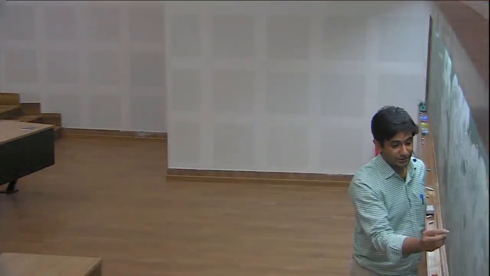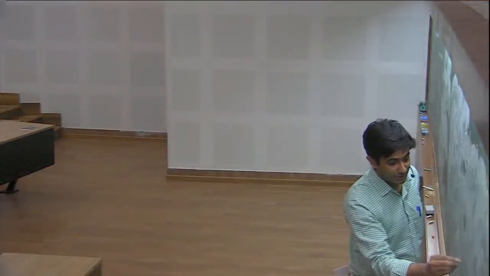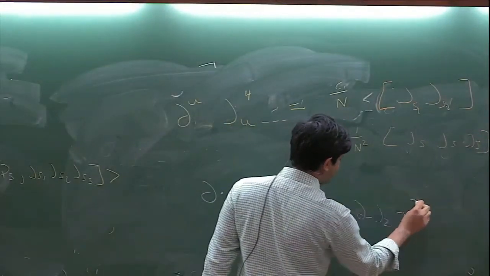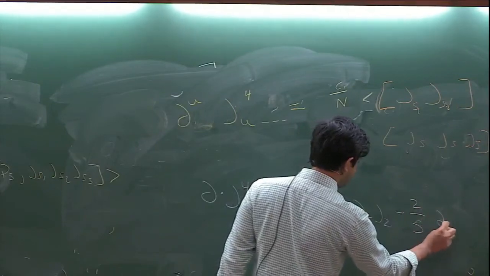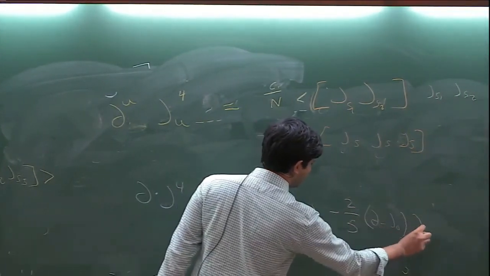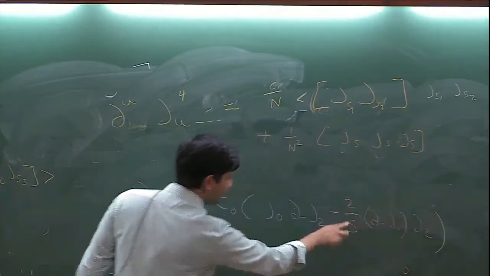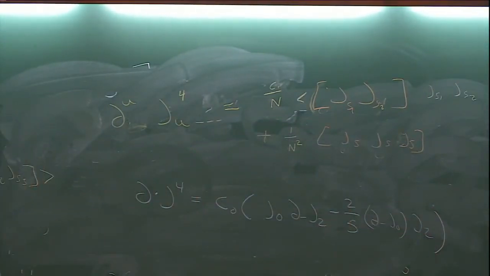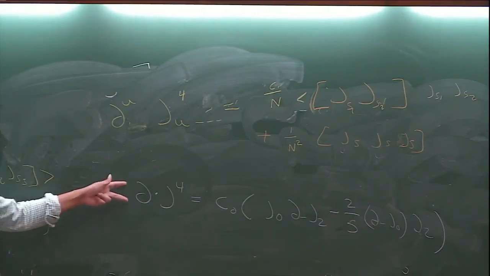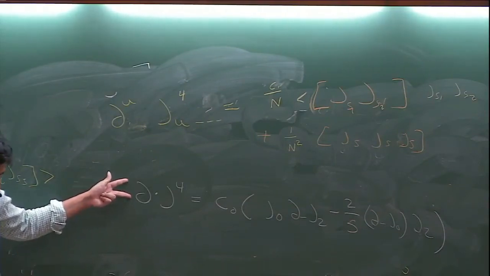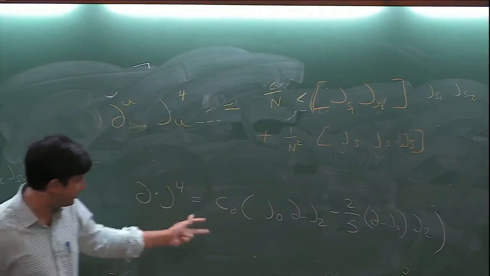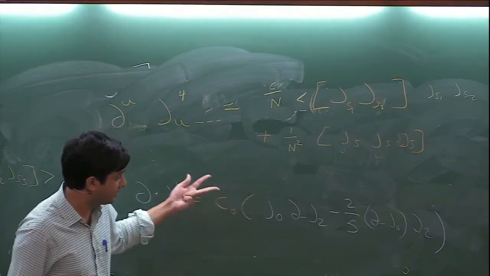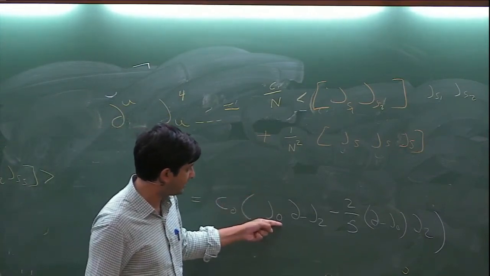So the divergence of J4 you can argue is something like, I'm not sure if the factor is 2/5 or 5/2, but okay. If you consider a theory with only even spins and you try to write down the most general form for the divergence of J4, it just contains a single double trace contribution, which involves J0 and J2.